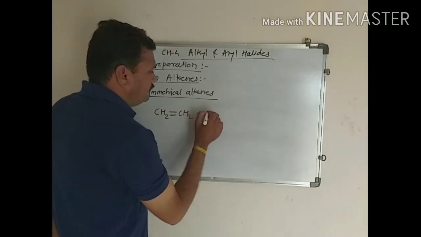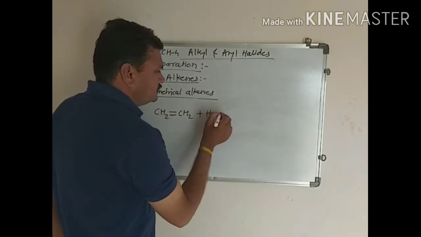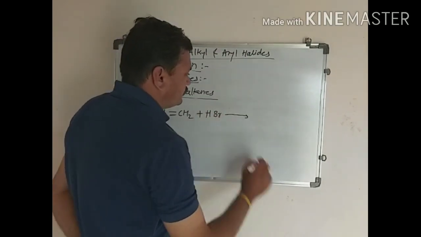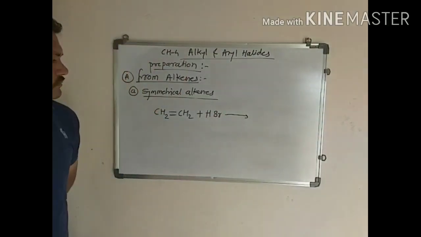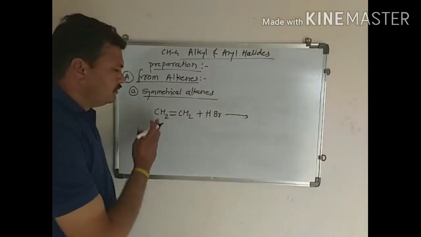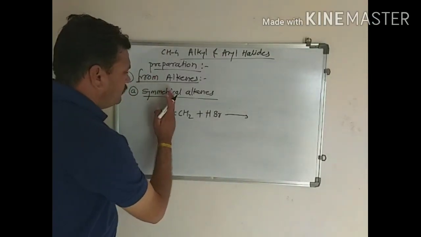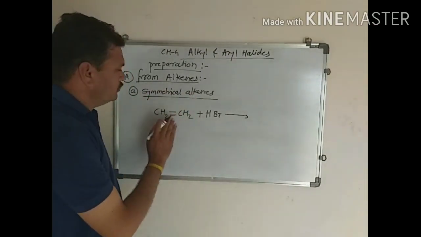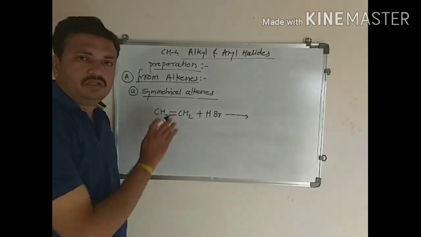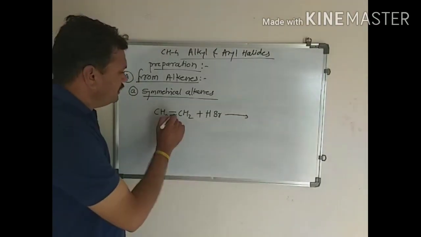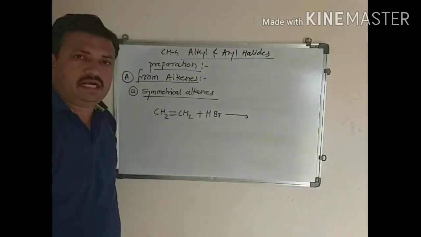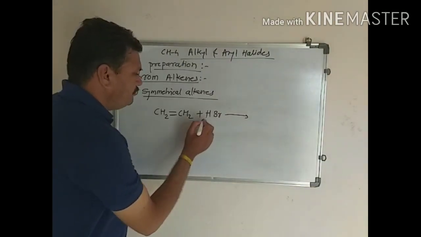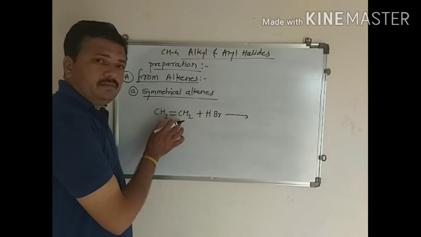When it is treated with HX, that means we take here HBr, hydrobromic acid. When we pass the plane through this double bond, we get two equal parts of this molecule across this carbon-carbon double bond. Therefore, it is known as symmetrical alkene. When this symmetrical alkene is treated with hydrogen acid, we get only one product. That means the addition of this H and Br across this carbon-carbon double bond takes place.